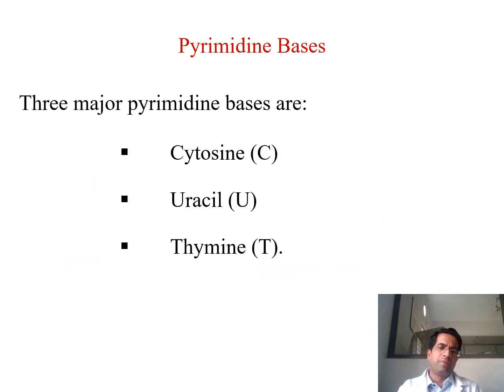Coming to the pyrimidine bases, the three major pyrimidine bases present in DNA and RNA are cytosine, uracil and thymine. Cytosine is present in both DNA and RNA, whereas thymine is present only in DNA. Uracil is present in RNA.